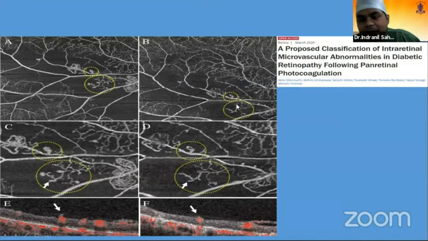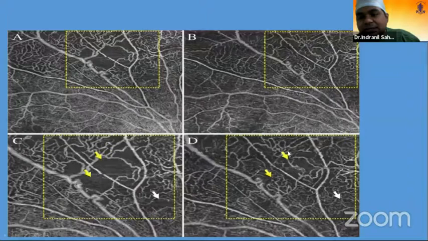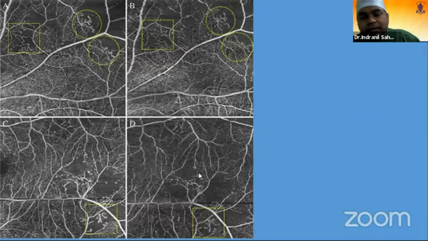After treatment, the IRMAs have reduced in caliber, and the projection which was seen on the B scan has reduced and has gone sub-ILM. Another comparison shows marked IRMAs with non-perfusion areas, where the perfusion is returning post-treatment and the caliber of IRMAs is reducing. Another slide highlights the same, where the IRMAs are reducing on treatment and the perfusion is improving.